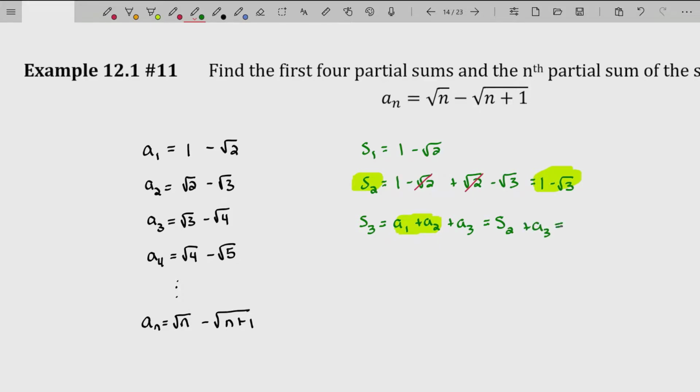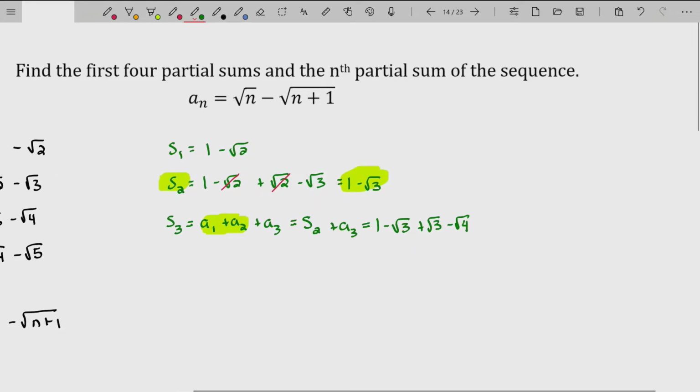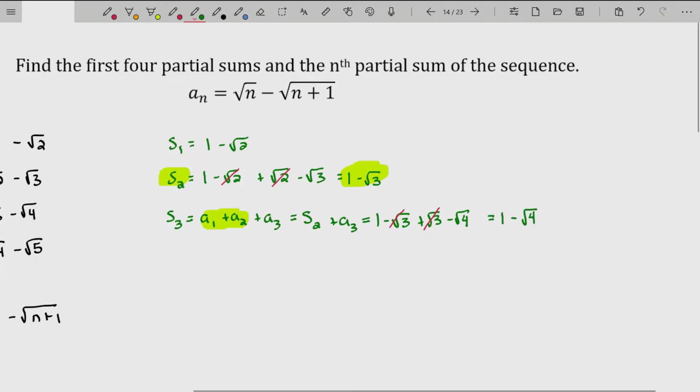The sum of the first two was 1 minus root 3, and the third term of our sequence is positive root 3 minus root 4. And you get this magical negative root 3 plus root 3 canceling, and you have a beautiful 1 minus the square root of 4.